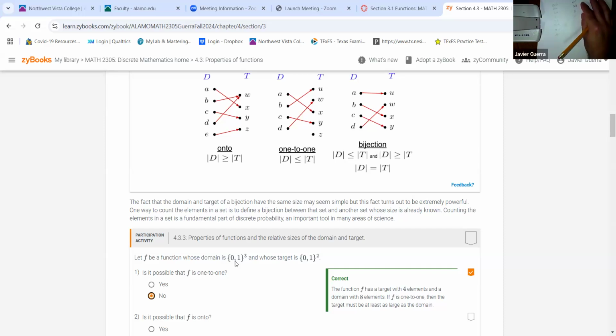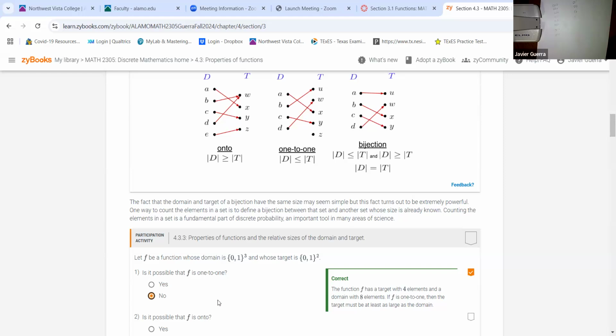It's not going to be 1-to-1 because not all of the elements of the 3-character binary get mapped to a unique element. It says here that in order for it to be 1-to-1, the number of elements in D has to be smaller than or equal to T. For this one, D has 8, T has 4. 8 is not less than or equal to 4.